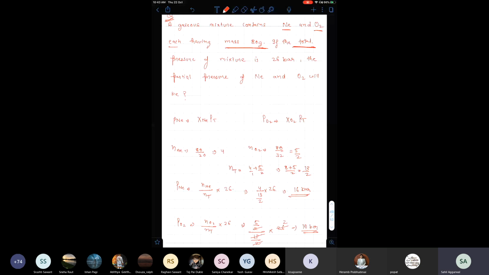If the total pressure of the mixture is 26 bar, the partial pressure of neon and oxygen will be mole fraction into total pressure.